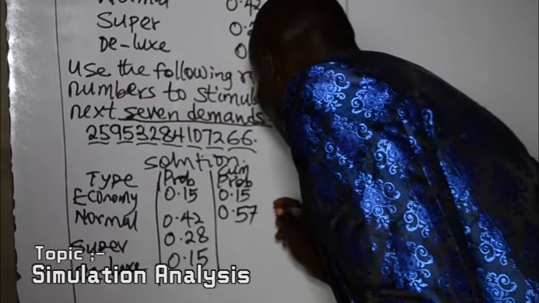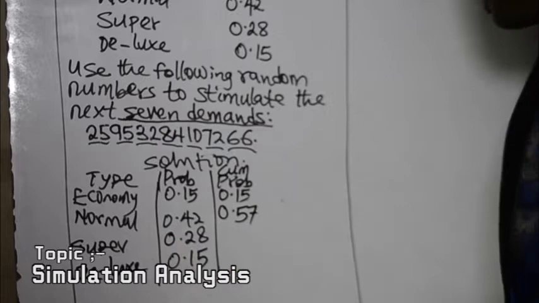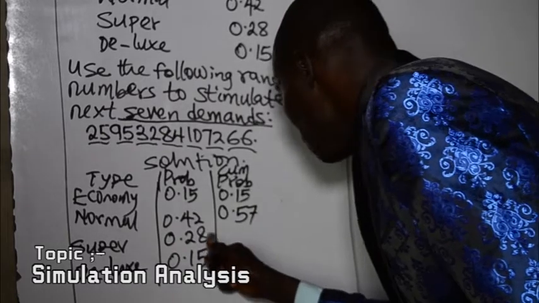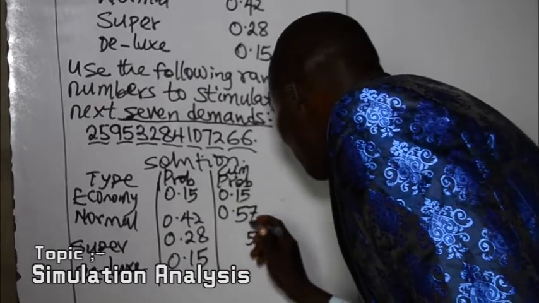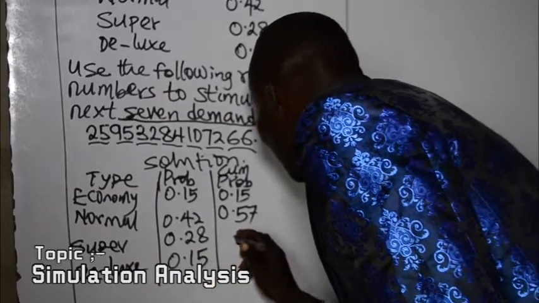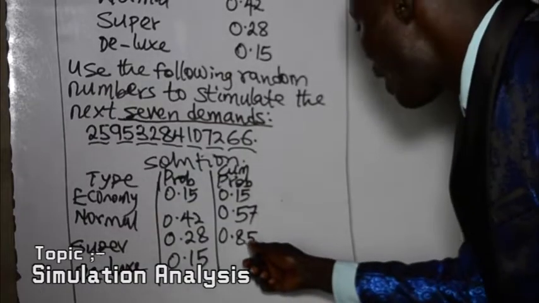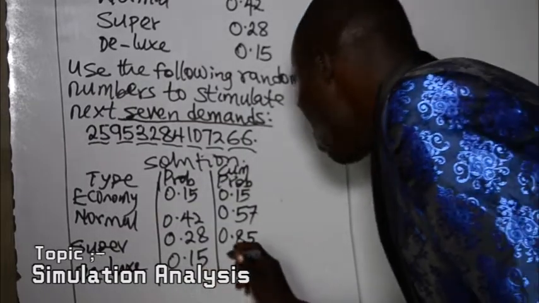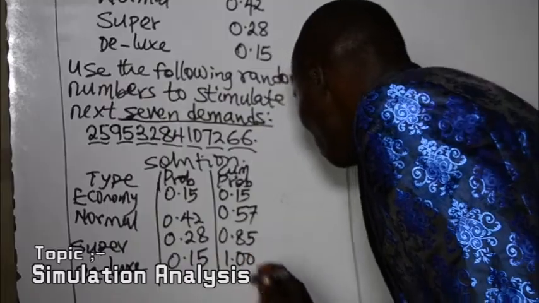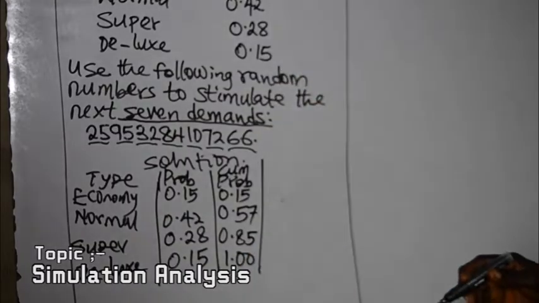Then 0.57 plus 0.28: 7 plus 8 is 15, 5 plus 2 is 7, plus 1 is 8. That is 0.85. Then 0.85 plus 0.15 will be 1.00. That is your cumulative probability.